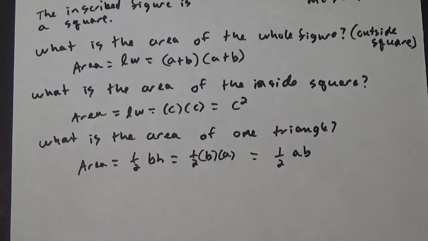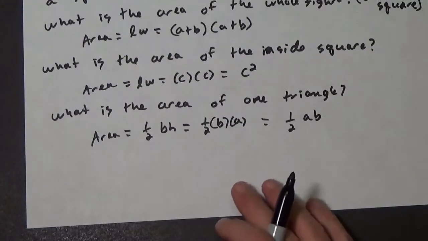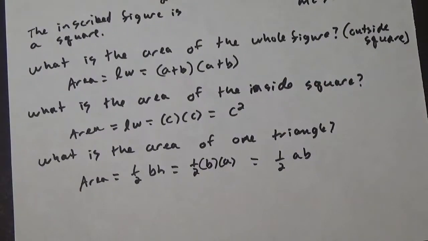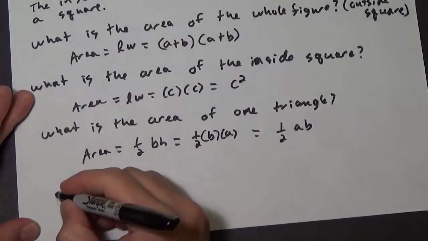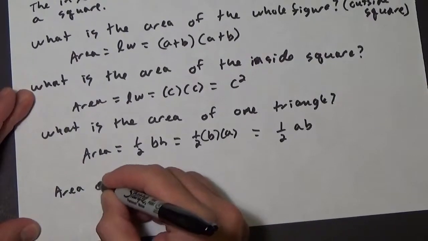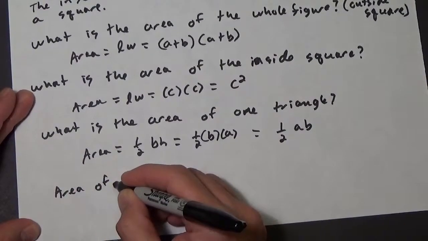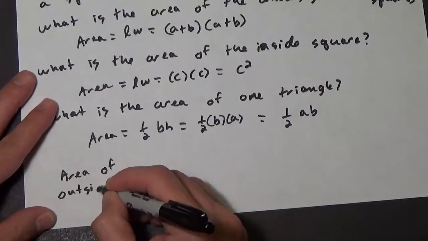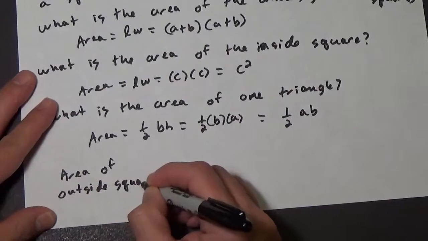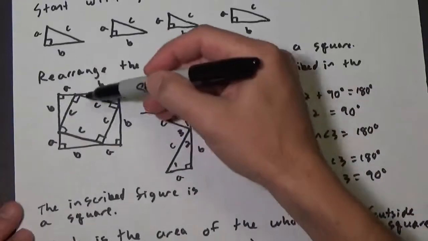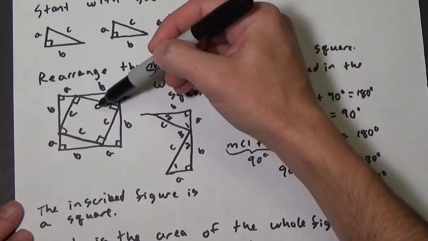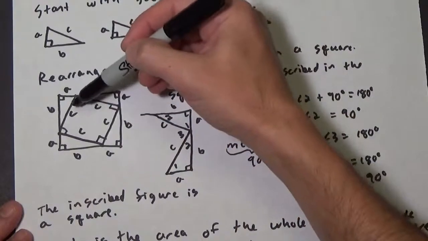Okay, so here is how this will work. We're going to make the following observation. We're going to notice that the area of the outside square equals, so we have the area of this whole thing right here. It equals the area of the small square plus the area of 4 triangles.